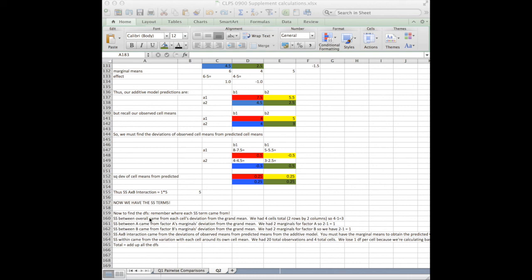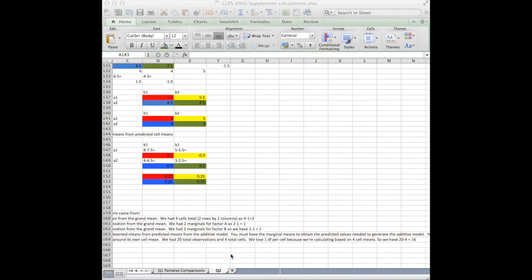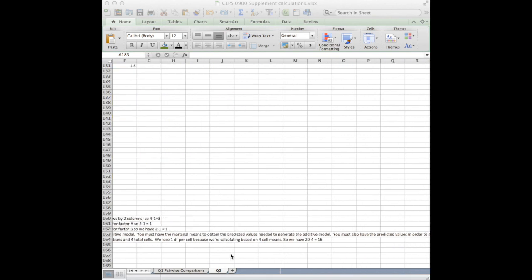Likewise for sums of squares between B, you had two marginals for factor B, so 2 minus 1 gives you 1. And remember that the sums of squares A by B interaction term came from the deviations of the observed means from the predicted means from the additive model. Therefore, you must have had the marginal means to obtain the predicted values needed to generate the additive model.